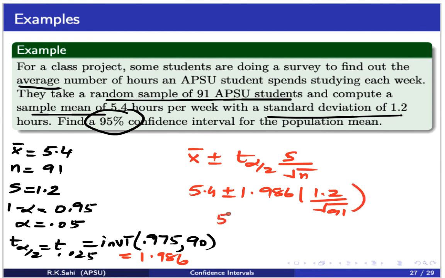So we are getting 5.4 plus minus, doing the math, 0.25. And so the confidence interval is 5.19 and 5.69. Okay.